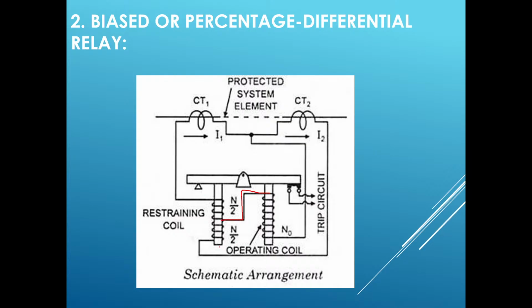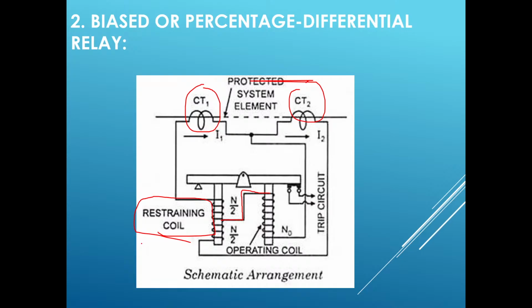The reason for using this modification in the circulating differential biased relay is to overcome the trouble arising out of difference in the CT ratios. If there is any difference in the CT ratios, it can be overcome by this arrangement. So the difficulties which I discussed earlier can be overcome by using this arrangement.